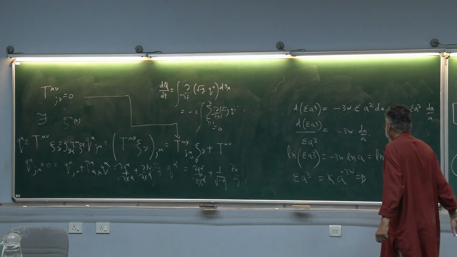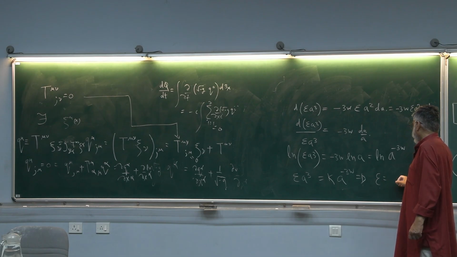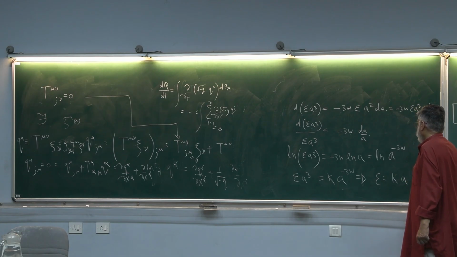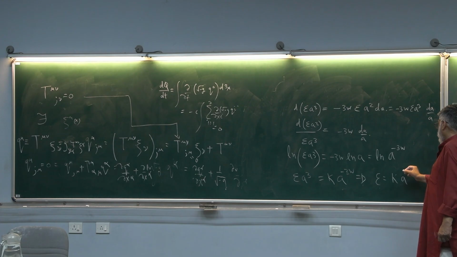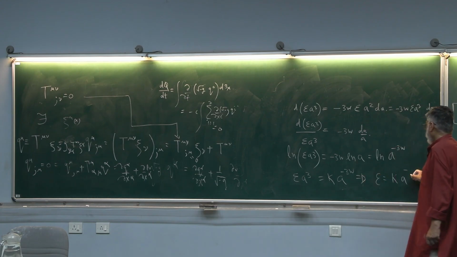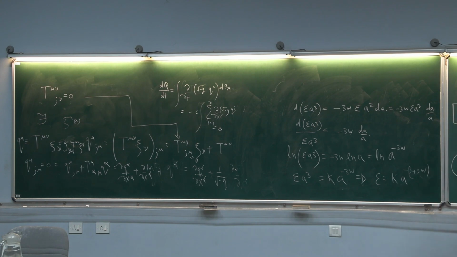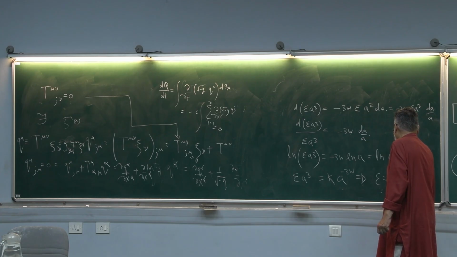This implies that energy density, dividing by A cube both sides, is some constant A raised to power, what is the result I get? A raised to power minus 3 plus 3W, right? Yeah, something like this. So in other words, I can write it as k A raised to power minus 3(1 plus W).